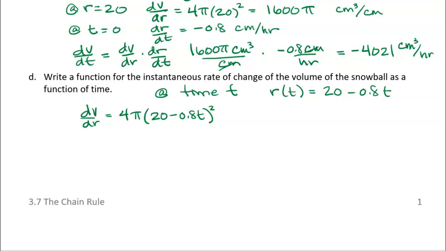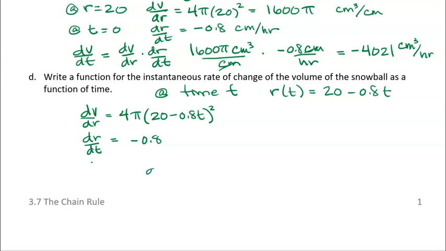Now at that time t, we know dr/dt, which we found up above, and it happened to be just a constant, negative 0.8. Just like we did before, we can multiply these two rates together.